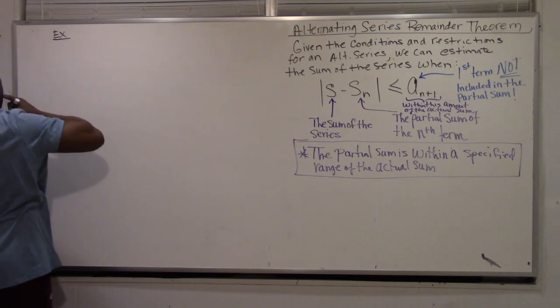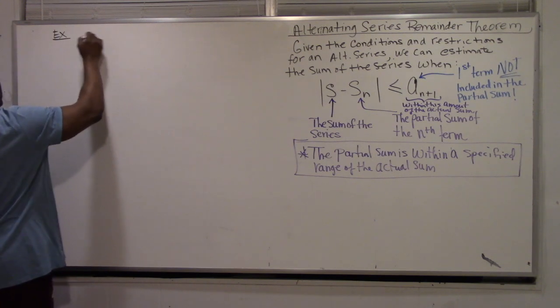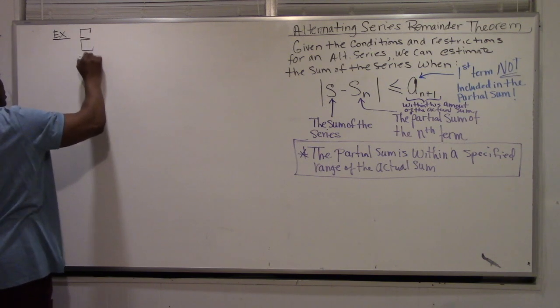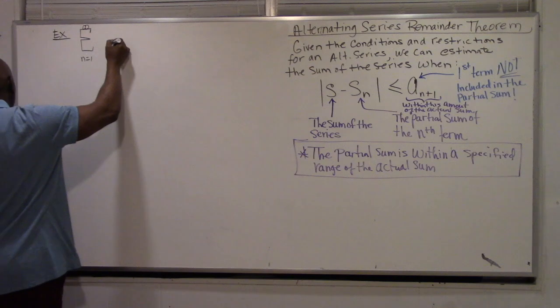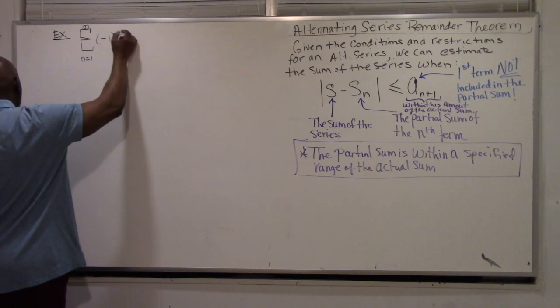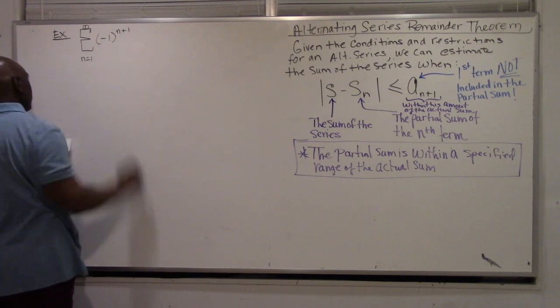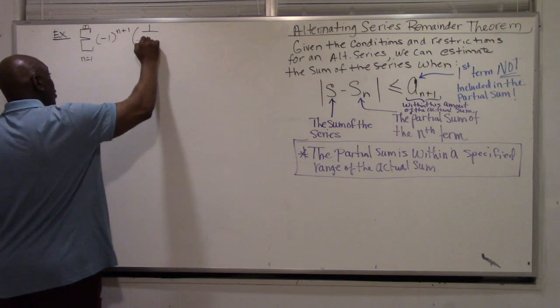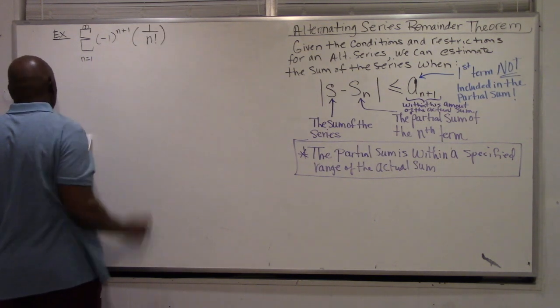Example. Let's say we have the series n equals 1 to infinity of -1 to the n plus 1 of 1 over n factorial.